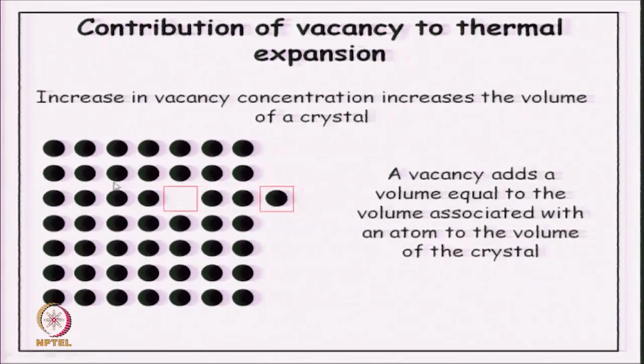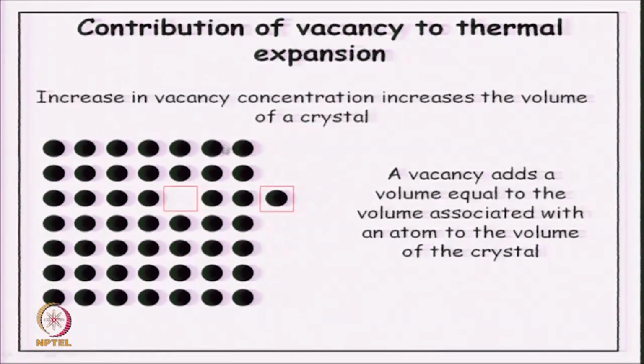You can think of this system now. You can see there are 3, 4, 5, 6, 7, and then 3, 6 and 7. This is a 7 by 7 square which I have made. So, it is 49 atoms here, but there is one vacant site. So, now total number of sites is 50, and the vacant site is also occupying the same volume as the occupied site.